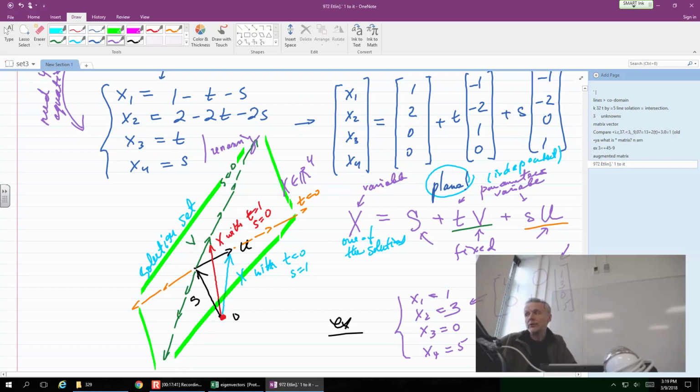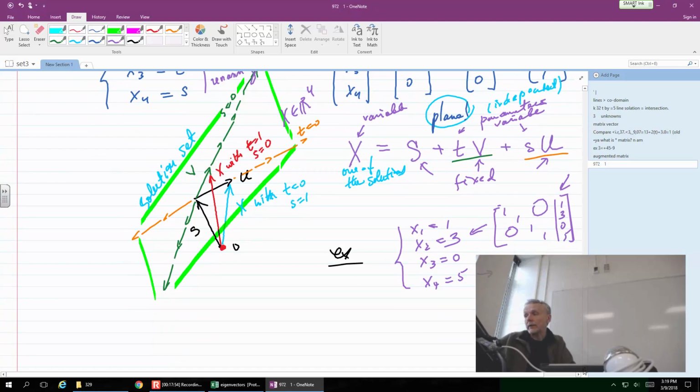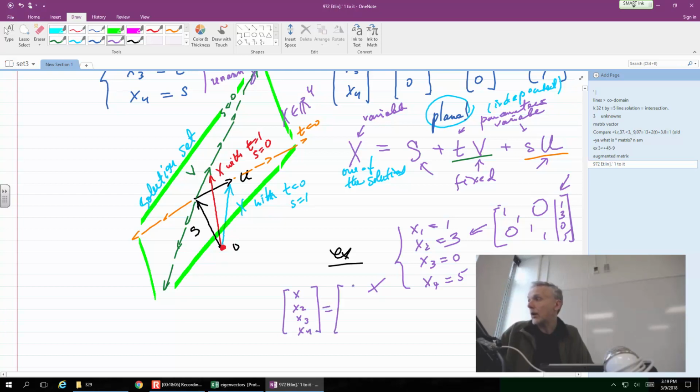Then we discarded the augmented matrix structure. We ended up with equations, right? Each variable is determined, and if we want to write it up now in vector format, what does it look like? We already know it's going to be x1, x2, x3, x4 equal to a vector 1, 3, 0, 5.